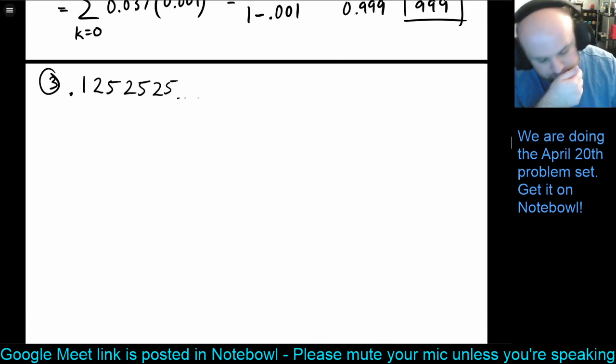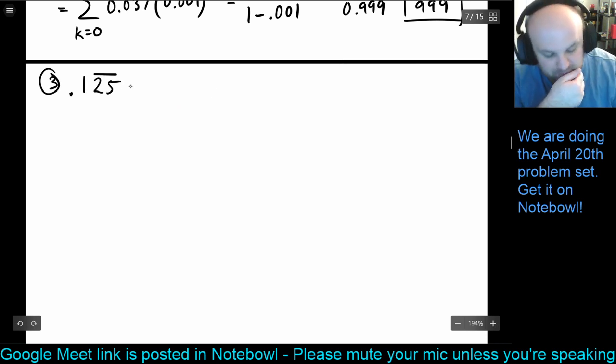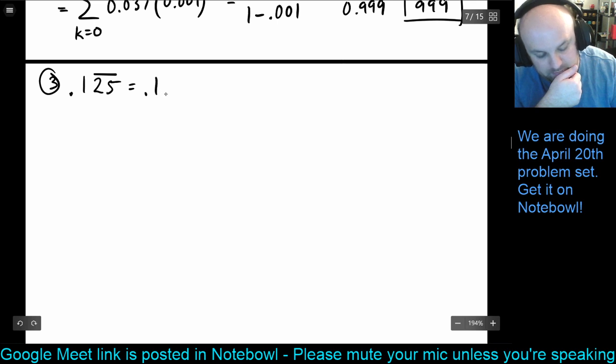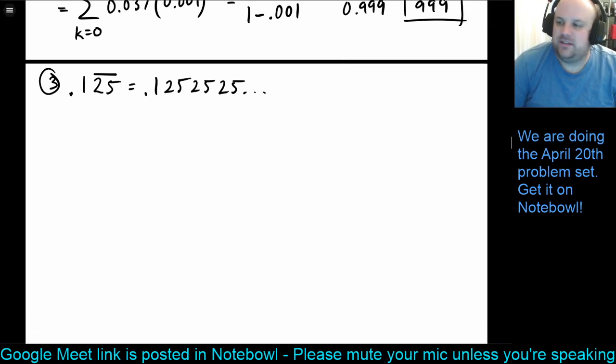So maybe I should do this: 0.125 bar. Like, this problem is a lot more interesting if we look at it this way.